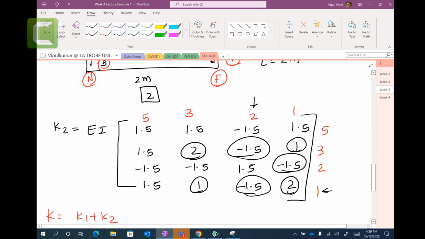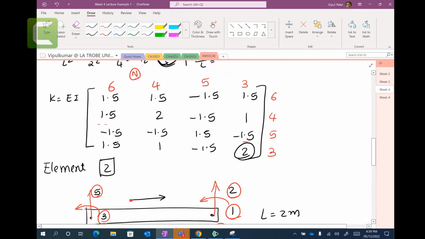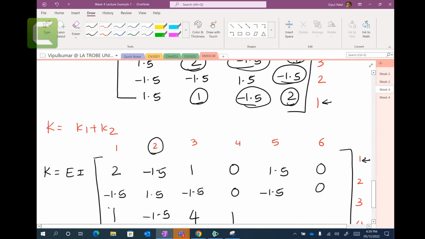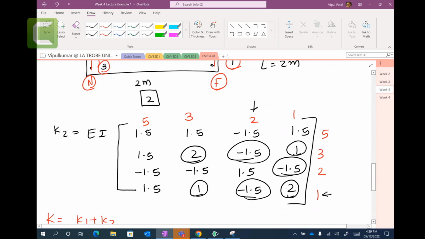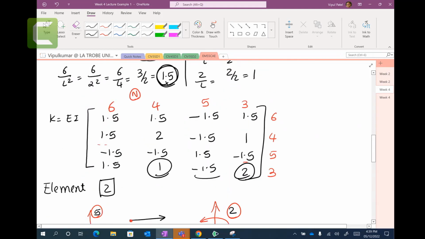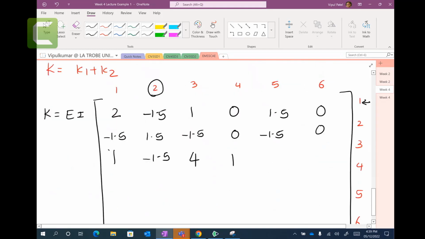Column 4, row 3 is 1. Column 5, row 3 is 1.5 and minus 1.5, so that becomes 0. I hope you get the story.